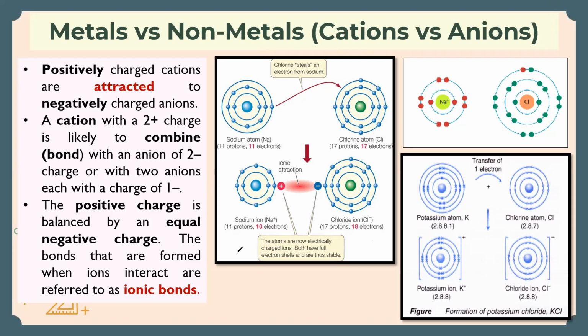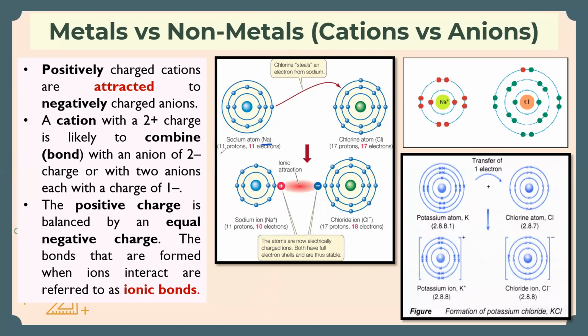Sodium by itself as a group 1 metal is very reactive, it's very dangerous. And chlorine by itself is also very dangerous. But when we combine these two, sodium and chlorine together, they form a compound that's not actually that dangerous, which is sodium chloride.